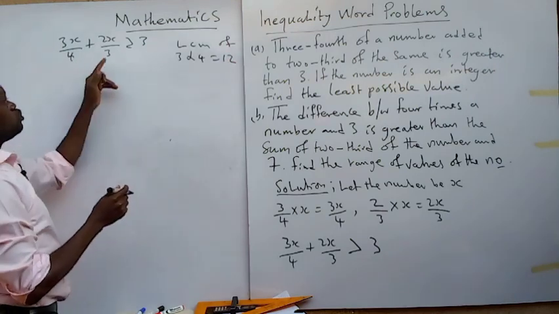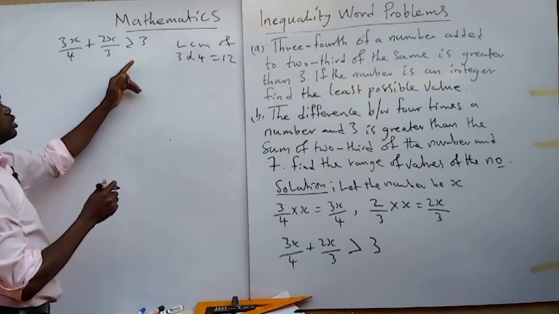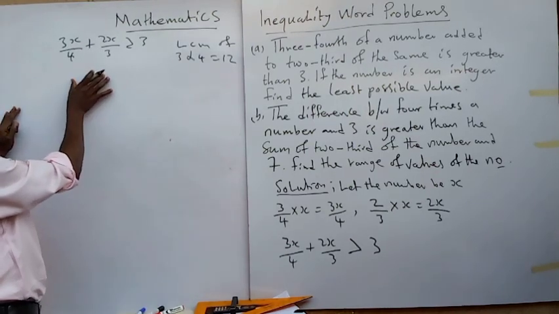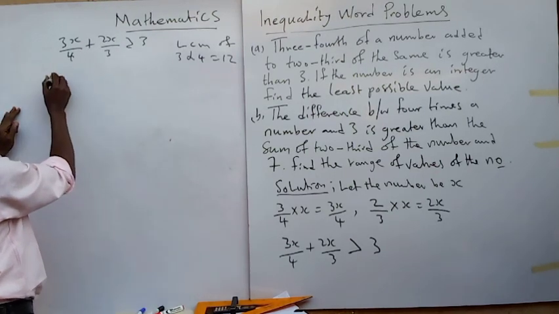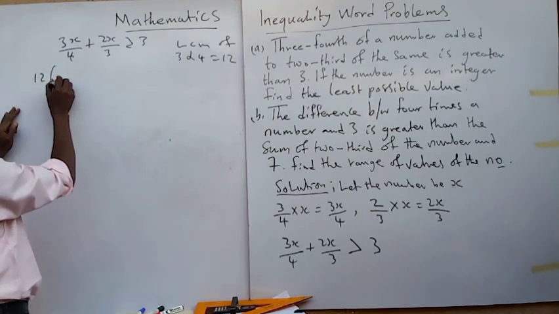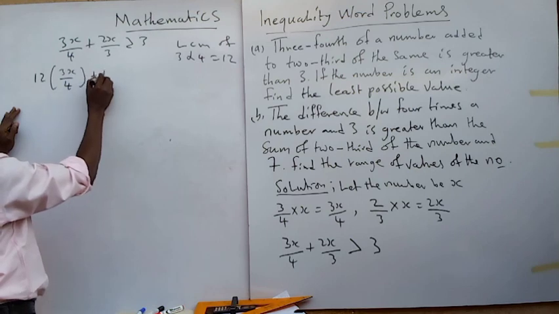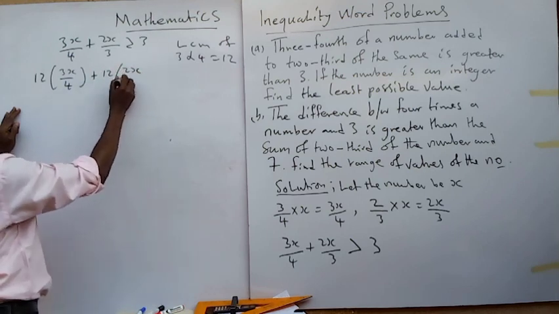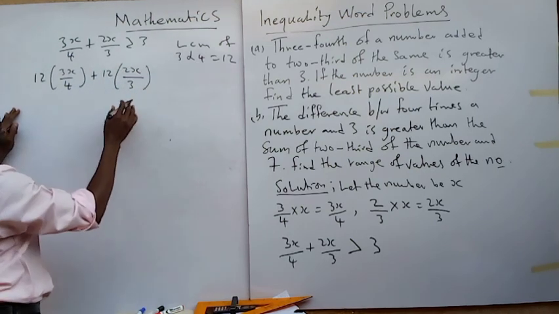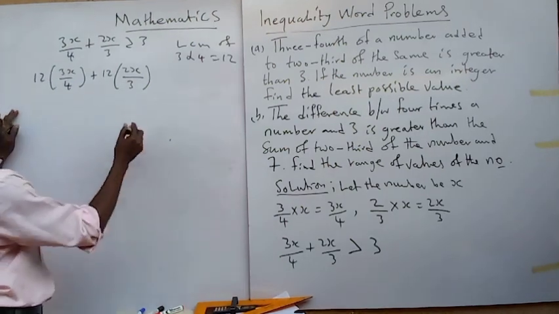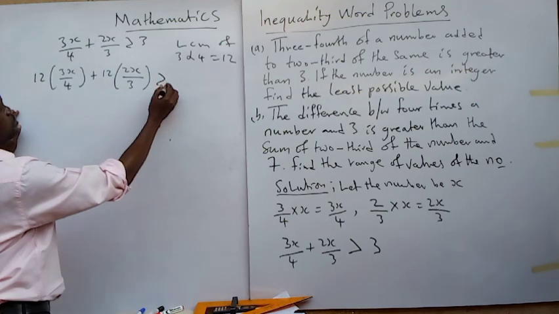So multiply through by the LCM of the denominators. You put that down and then do what I am doing now, which is 12 bracket 3x/4 plus 12 bracket 2x/3. Of course, this is what we have done in the subsequent classes when I was simplifying problems like this. You watched me do that.